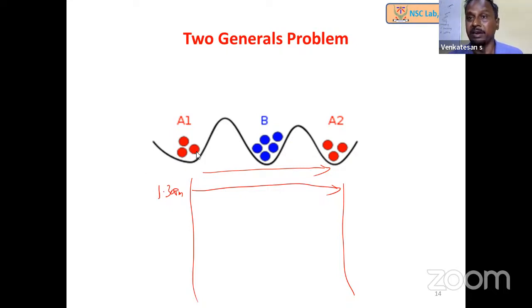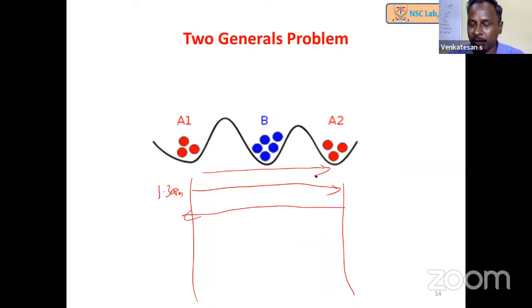Actually, A1 cannot go because there is no surety on A1's side whether the message was received by A2 or not. So when is it possible? Let's say there is an acknowledgement from A2.